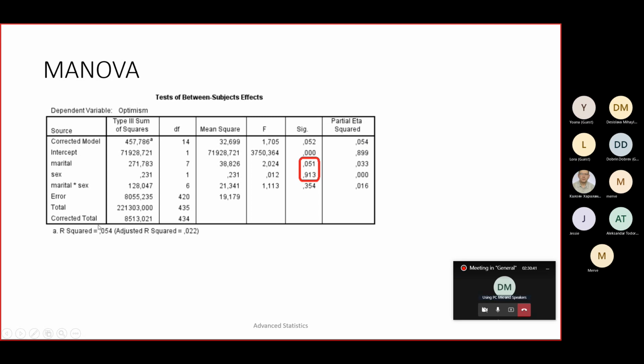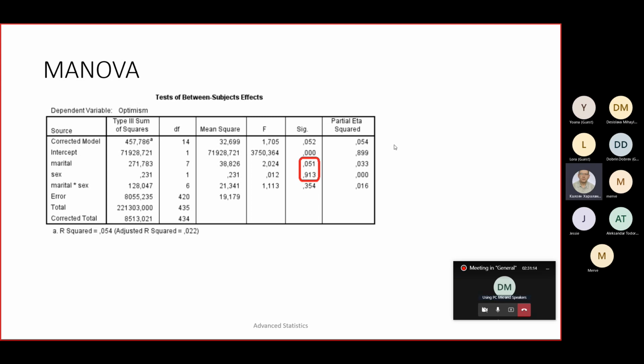This multiple eta squared measures the strength of relation between the dependent variable and all independent variables together. So here we can say that 5.4% of the variance of optimism is explained by marital status and gender together.